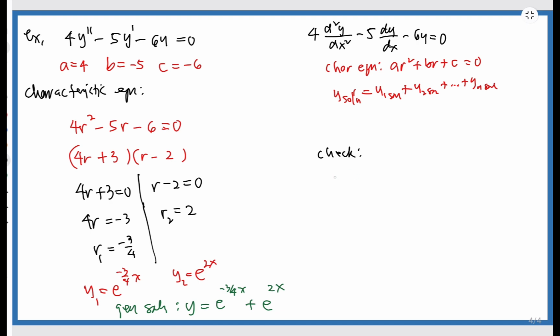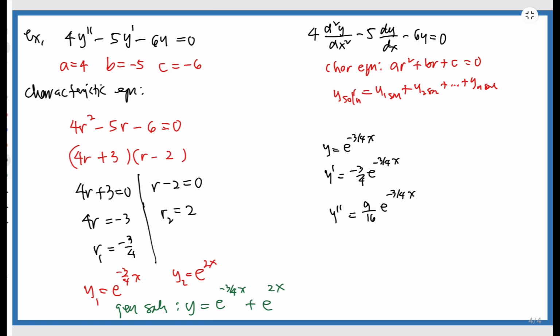We need to differentiate. So y equals e to the negative 3/4 x. What's y prime? Negative 3/4 e to the negative 3/4 x. Y double prime is times another negative 3/4, which is positive 9/16 e to the negative 3/4 x.